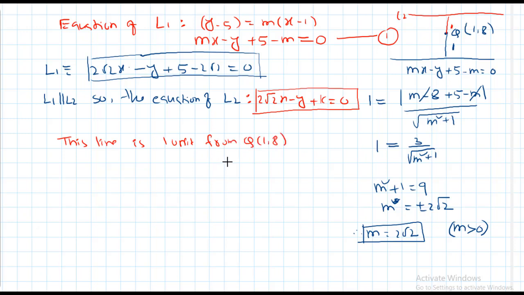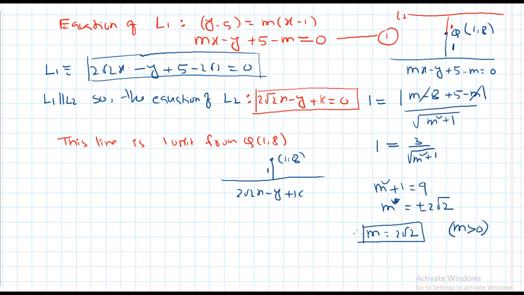Okay, so same argument, this is the line 2 root 2 x minus y plus k. So this is the point (1, 8). So this is 1. Directly I want to write now.